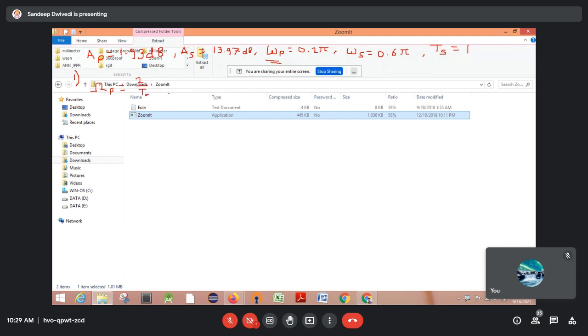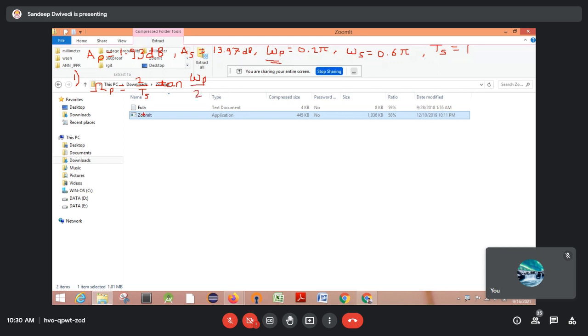This will be 2 by TS tan of omega p, the digital passband edge frequency, divided by 2.